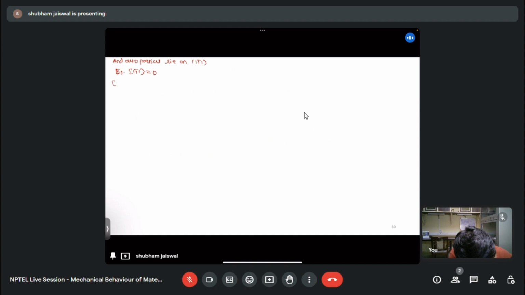It means x1 y1 z1 into 1 bar 1 equal to 0, which gives us x1 minus y1 plus z1 equal to 0. Let's say this is equation 4. And b2 dot 1 bar 1 equal to 0, that is x2 y2 z2 dot 1 bar 1 equal to 0.